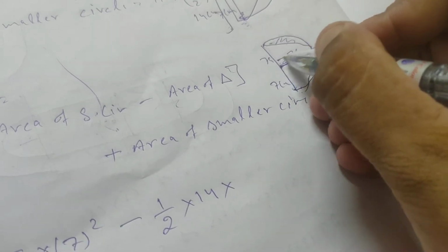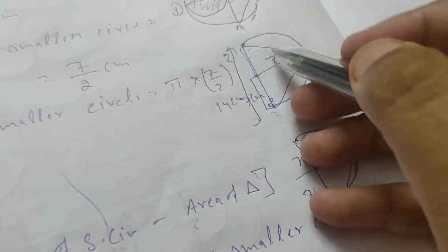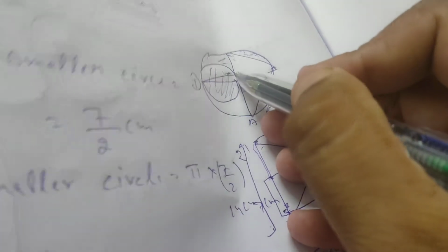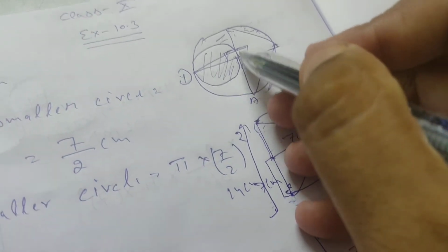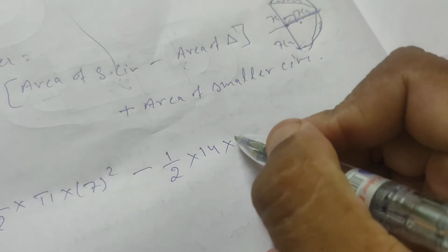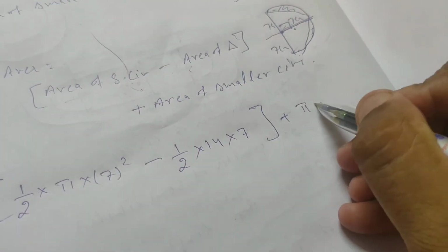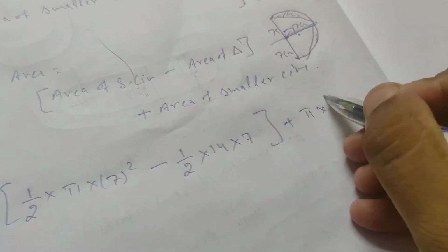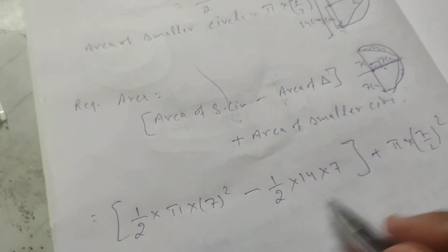He is saying this is 90 degree. These angles are each 90 and they are bisected, so this is the height, half into this into that, plus this one pi r square, pi into 7 by 2 complete whole square. After solving this you will get the answer.